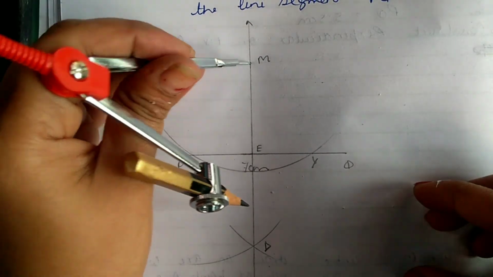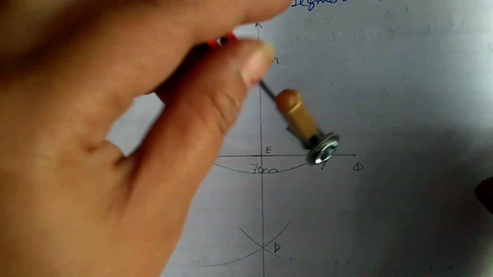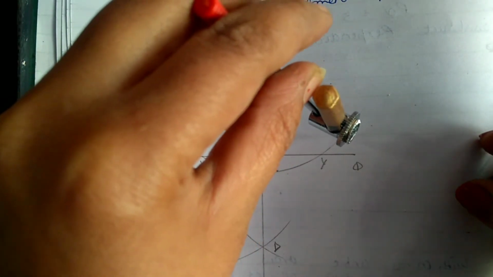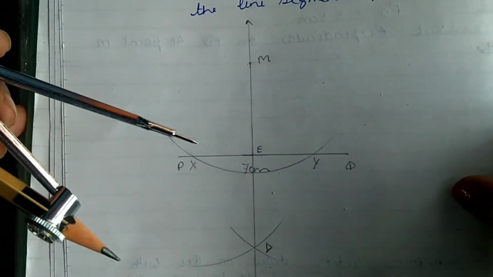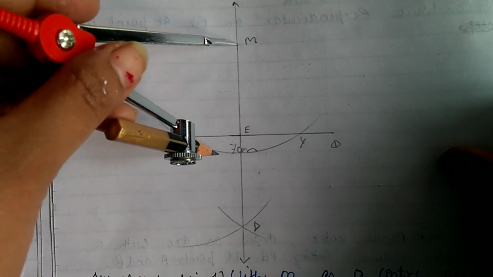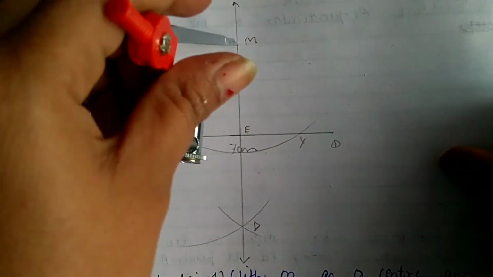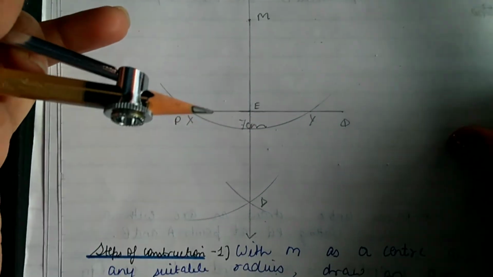For this, first of all you will keep the compass like this. At point M you can take any radius, it's up to you, and cut an arc that cuts the line segment PQ at X and Y. सबसे पहले क्या करना है, with M as center and any suitable radius you have to draw an arc which cuts the line PQ at X and Y at 2 points.